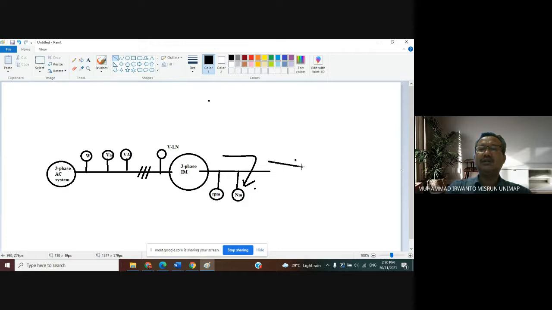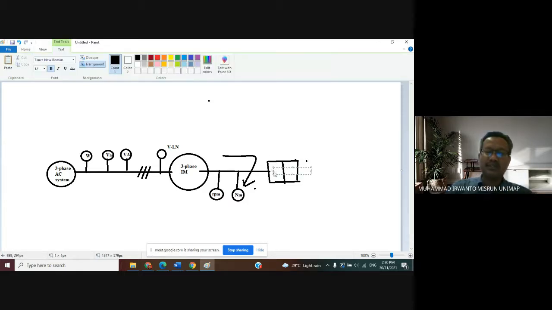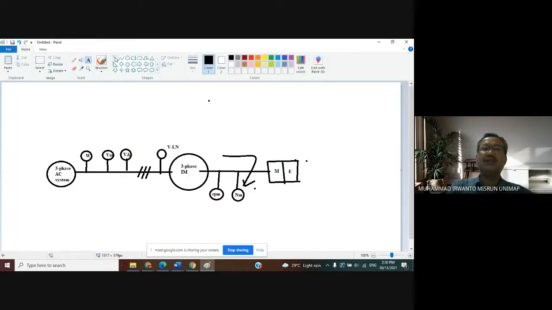Now here we want to convert, using PSIM, the block of the mechanical electrical interface. We convert mechanical to electrical, and then on the electrical side, you connect it to a resistor. For example, this one is a resistor.